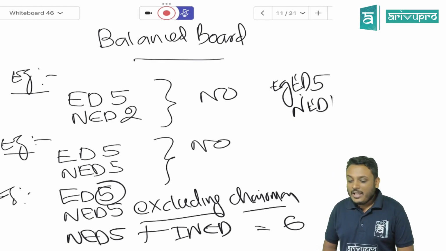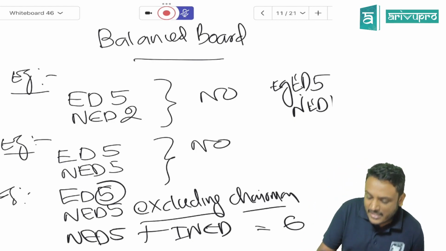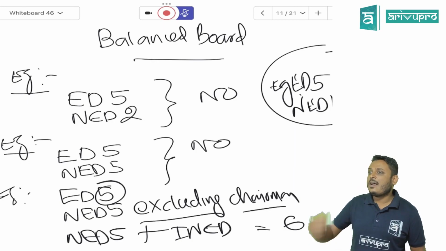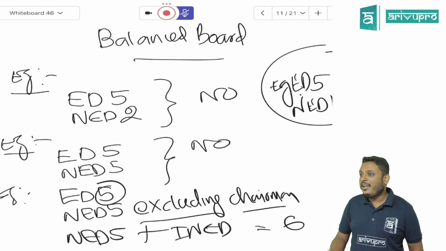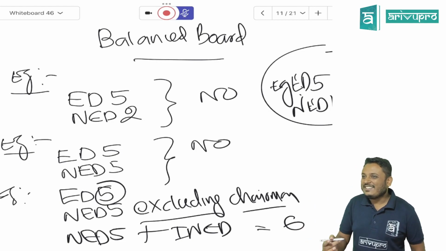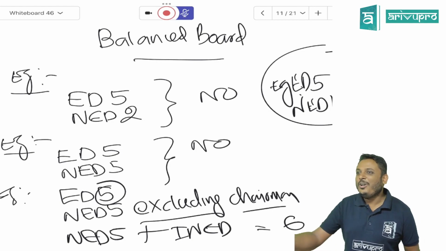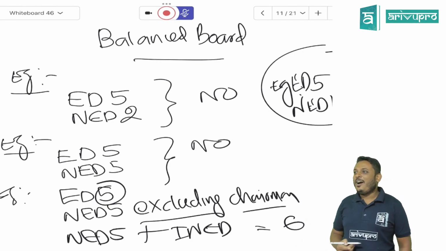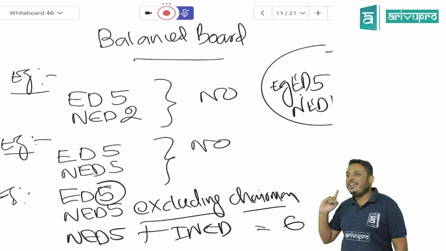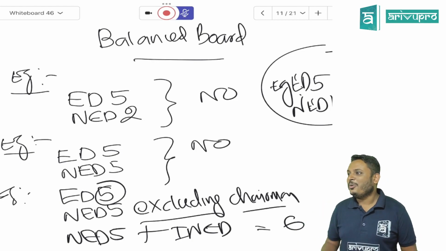Is it good? No. If an organization is in this case where non-executive directors are more than executive directors, it's like 10 monitors in the class and only 2 students. How many monitors? 10 monitors. How many students? 2.